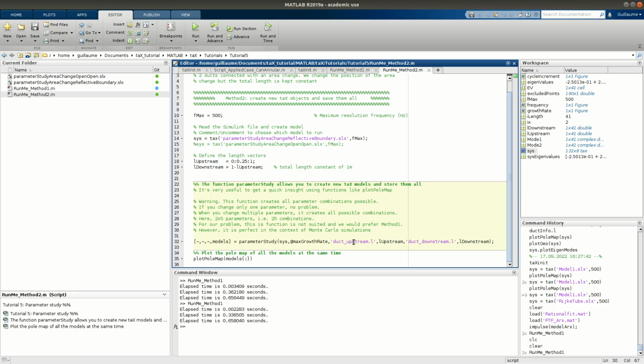However, in this case, parameterStudy does not change both parameters at the same time, but it will create all possible combinations of the parameters. So here we change 2 parameters. I have 5 values for each parameter, so it's 25 combinations.